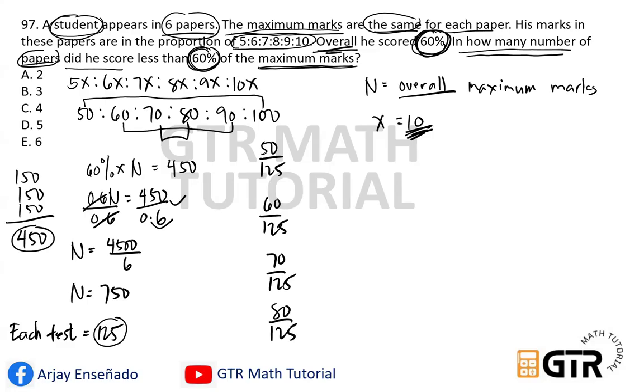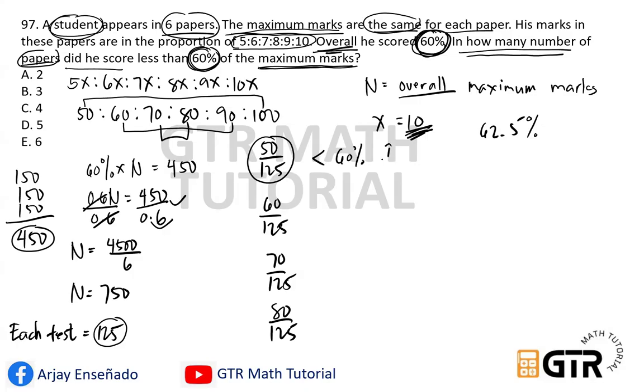So by inspection, one half of 125 is equal to 62.5. So one half is 62.5%. That means 50 over 125, 50 is less than 62.5, so this is less than 60%.